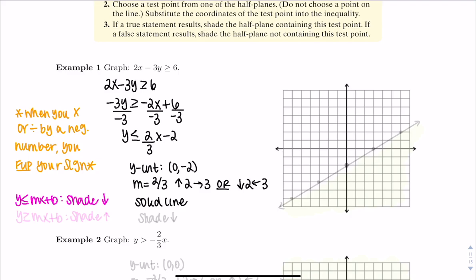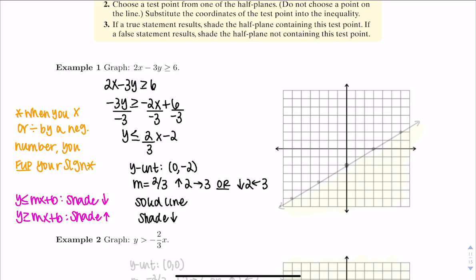If y is greater than or equal to mx plus b, you shade above. The y has to be on the left-hand side for this to work, and it has to be in slope-intercept form. Same rule goes for y is less than or y is greater than. And so using this shortcut, because y is less than or equal to, we will shade below.